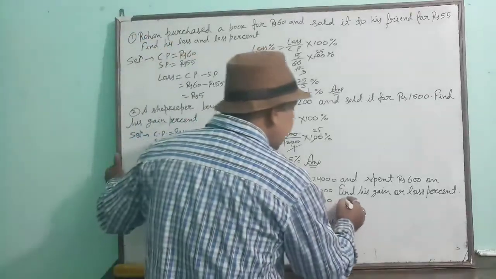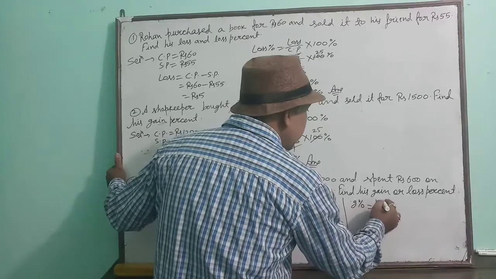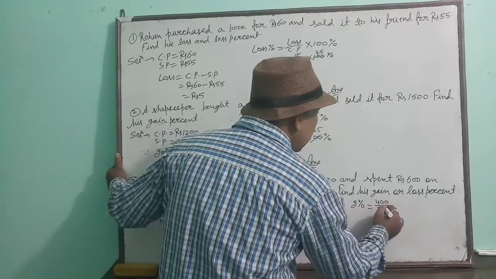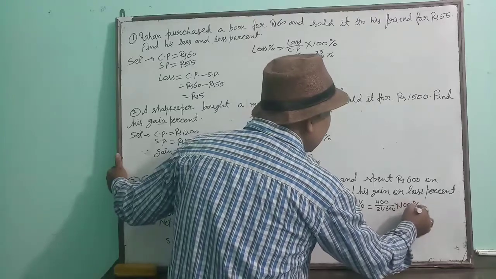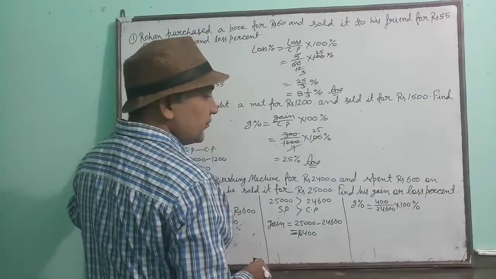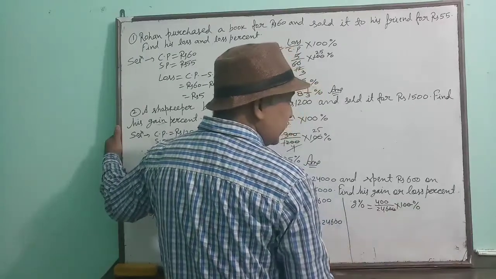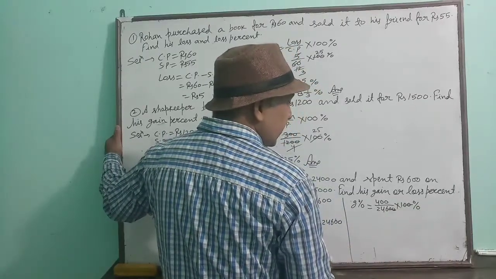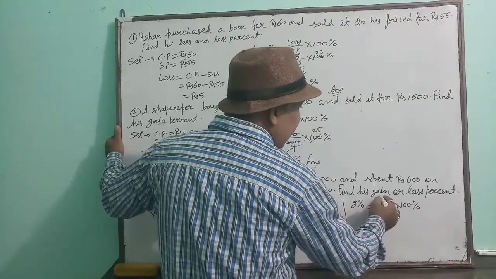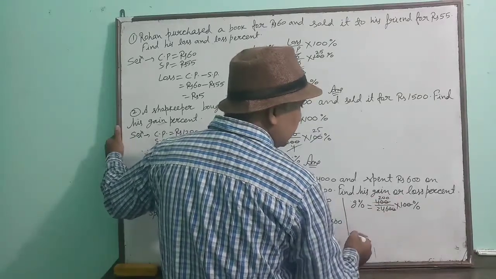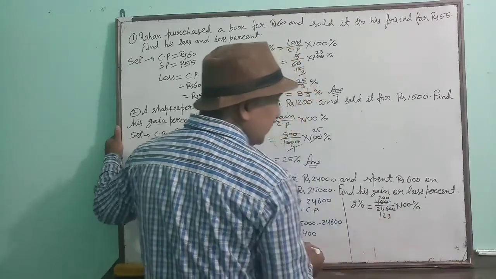So what will be the gain percent now? Gain percent will be equal to gain upon cost price multiplied by 100%. Now see, these two zeros are cancelling. 400 divided by 2 is 200, and this is 123.